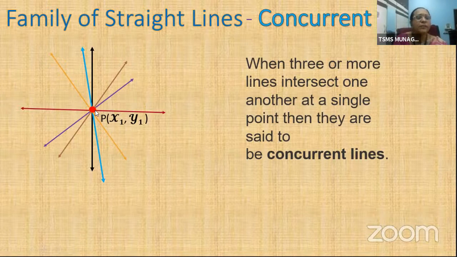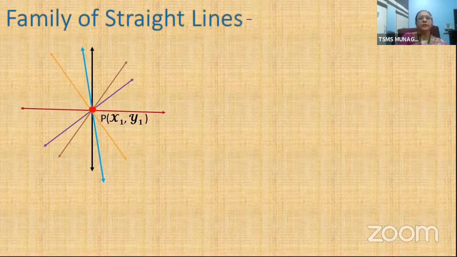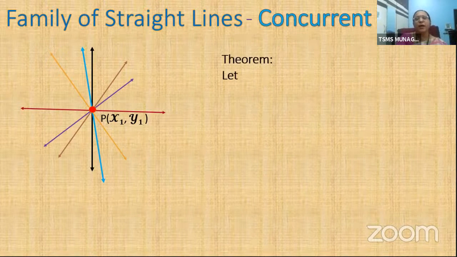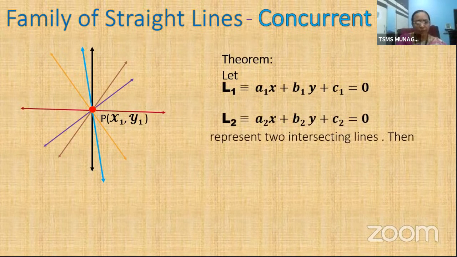So there are lines which are intersecting at one point. So here, how to find this? It is as simple as taking those lines and finding the point of intersection. But here we have a concept.